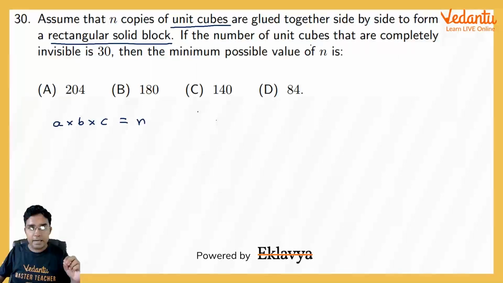Now the second thing, they are saying that the number of unit cubes that are completely invisible is 30. So which will be the invisible units?